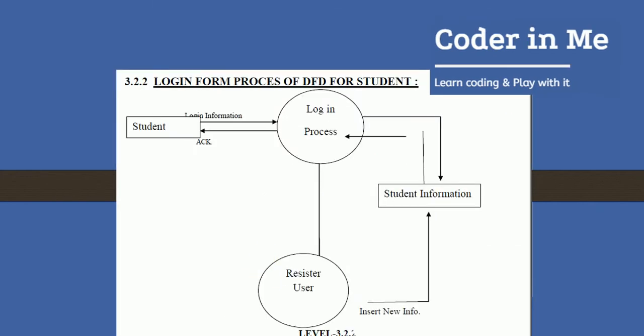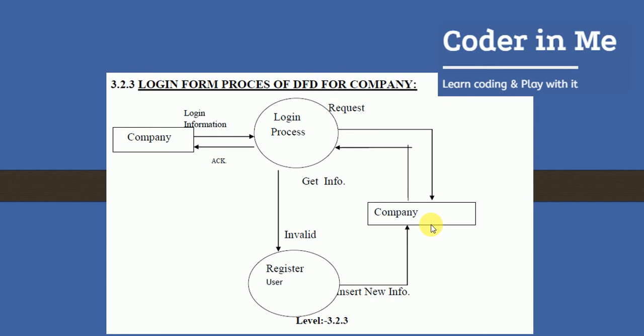Now this is the first level DFD diagram. Here it is login information. A student wants to log in, so it is login information, and the information will be checked in the student information table. If it is a new user, a student can register there, and that will be inserted in the database. The same goes for a company, which can also register.